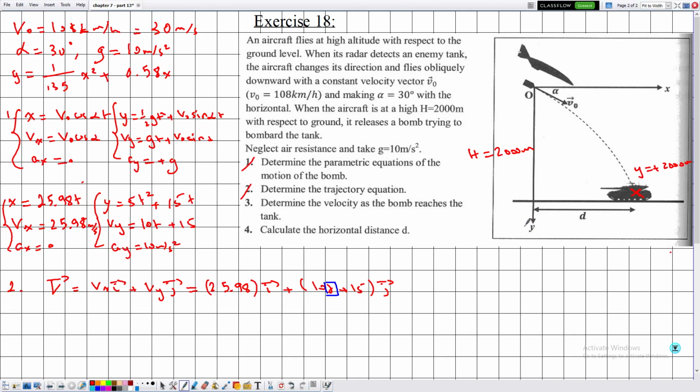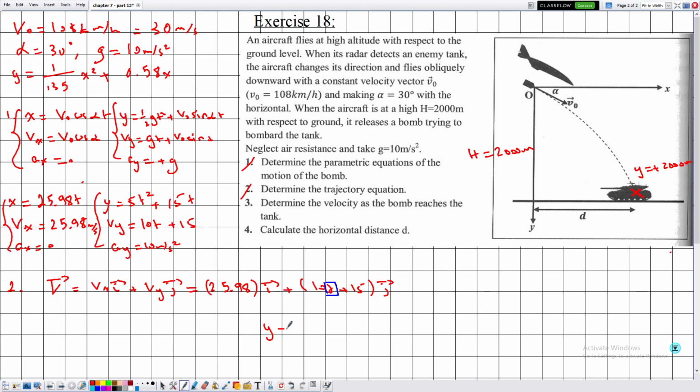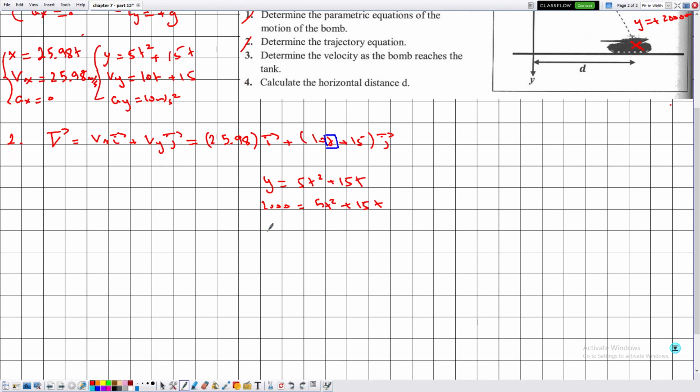So what links y and t is this equation: y is equal to 5t squared plus 15t. So 2000 is equal to 5t squared plus 15t, which means that 5t squared plus 15t minus 2000 is equal to 0.